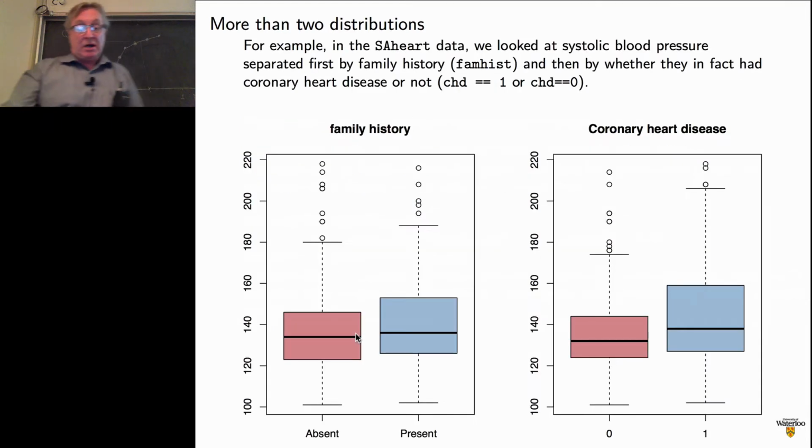We compare these, say, with box plots. Looking at these 2 box plots, on the left, systolic blood pressure of those that have family history of heart disease, and those that do not. So pink is healthier in this respect, that they don't have the family history. And those that have coronary heart disease, again, those that do on the right, and those that do not on the left, the healthier being on the left.